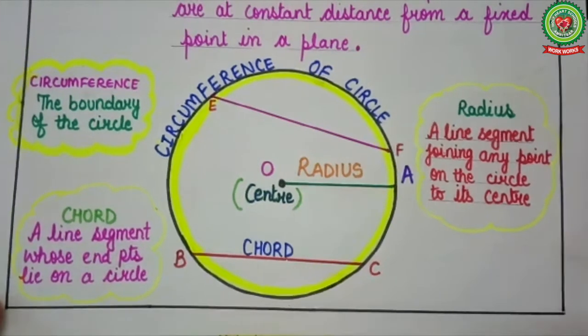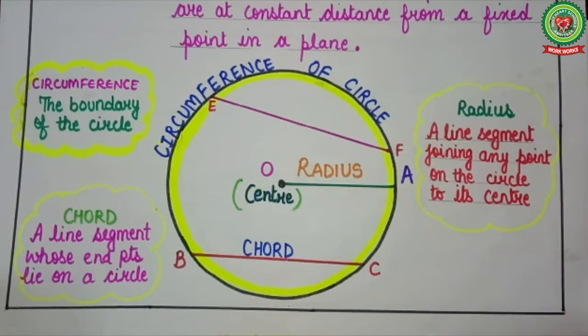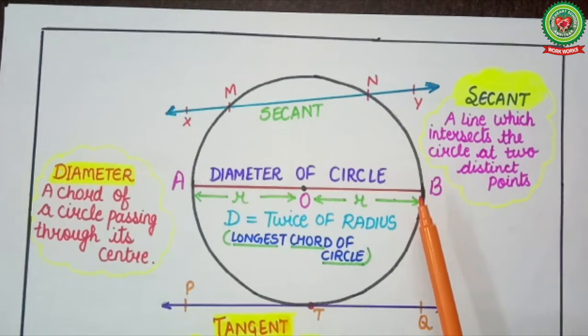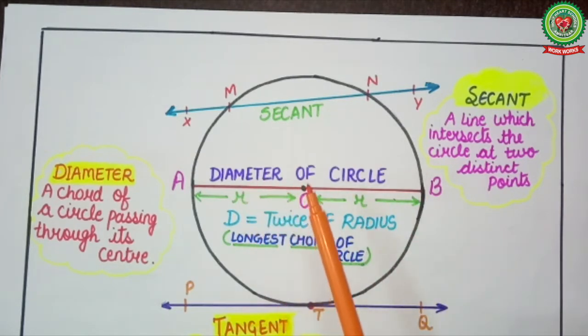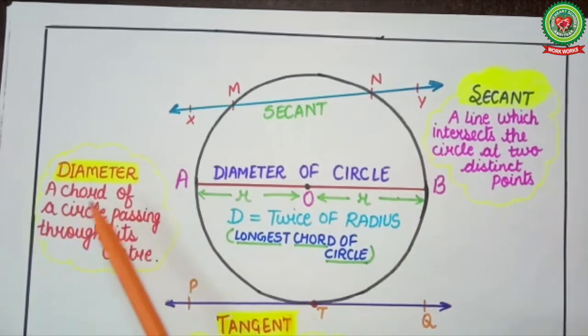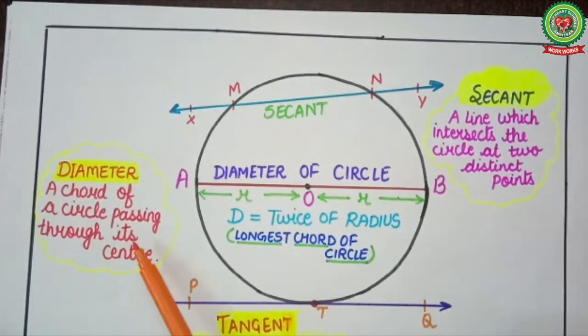Now, tell me which is the longest chord we can draw on a circle? Here, longest chord of the circle passes through its center and it is known as diameter of circle. So, a chord of a circle passing through its center is known as diameter.